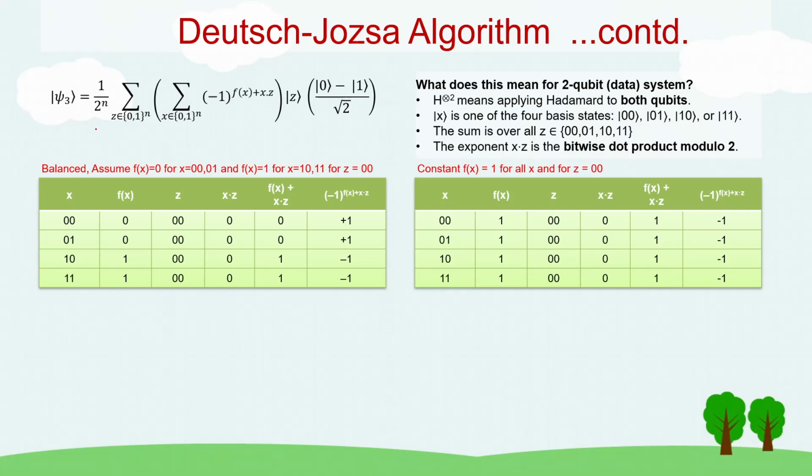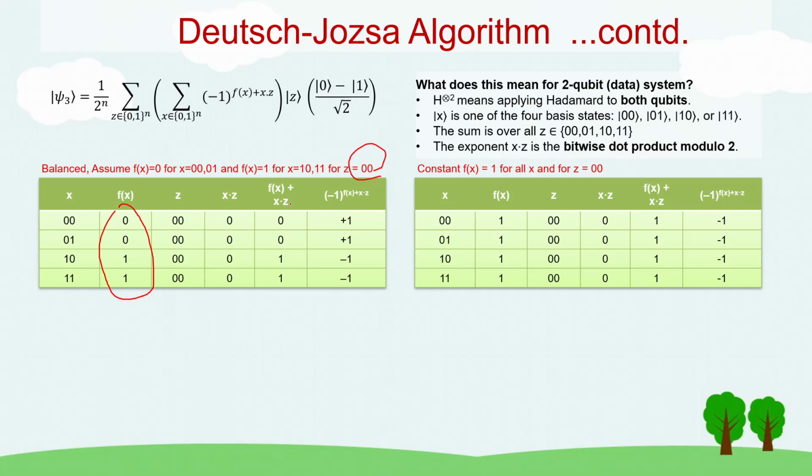So I'm going to consider a balanced function, meaning out of 4 possibilities, for 2 inputs it will give 0, and for 2 inputs it will give 1. So this is the f of x, and z I'm considering as 0, because z will take the sum over all the things, right? It will have 00, 01. So I'm starting with only the 00 condition. So I'm putting all zeros. Now x dot z will be 0 because z is 0.